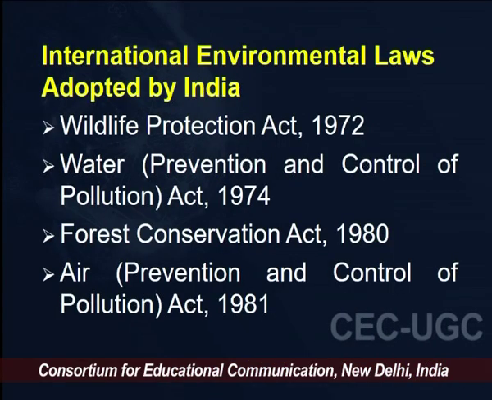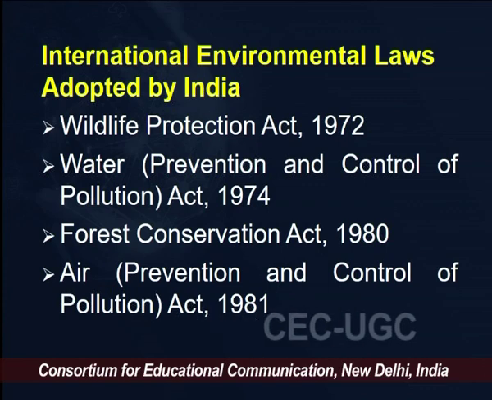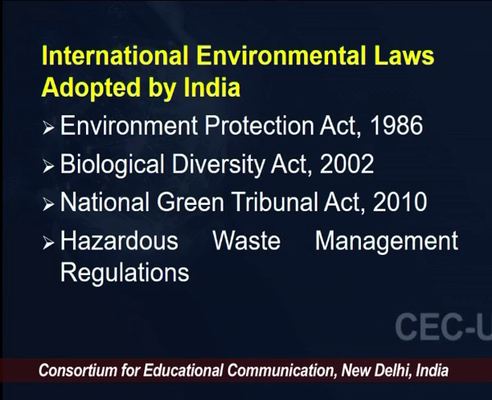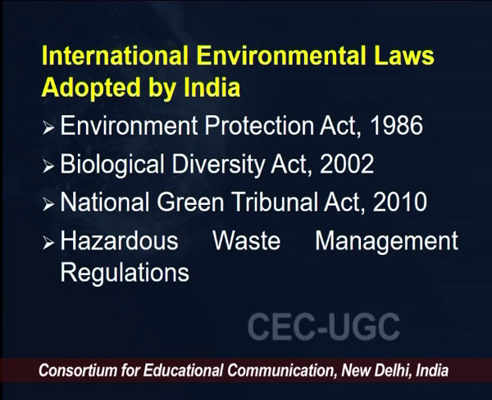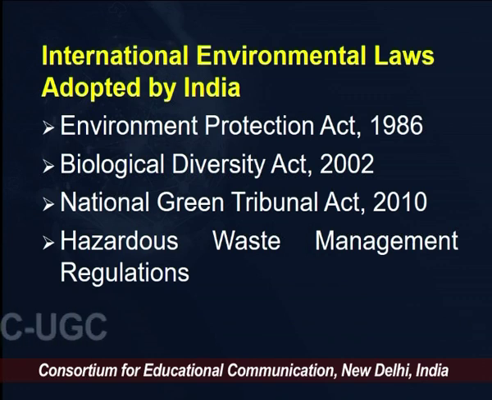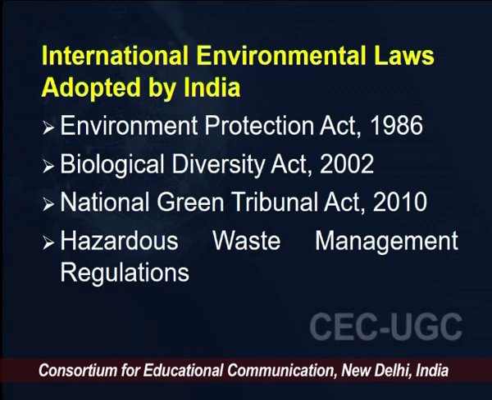So, the acts which are applicable in India are the Wildlife Protection Act 1972, Water Prevention and Control of Pollution Act 1974, Forest Conservation Act 1980, Air Prevention and Control of Pollution Act 1981, Environment Protection Act 1986, Biological Diversity Act 2002, National Green Tribunal Act 2010, and Hazardous Waste Management Regulations, in which notifications and guidelines are issued from time to time.